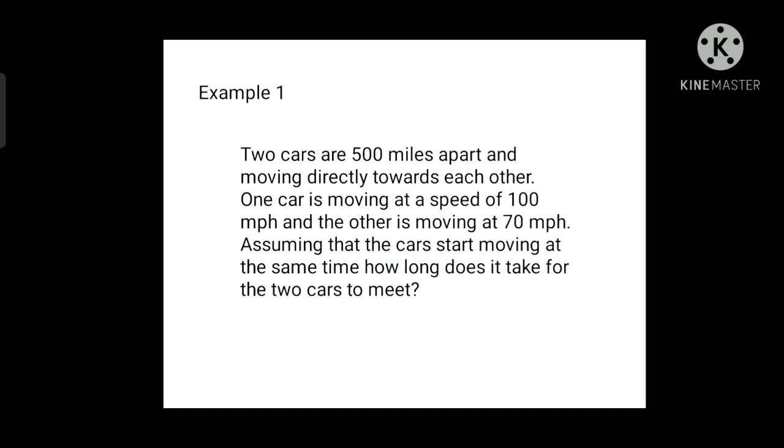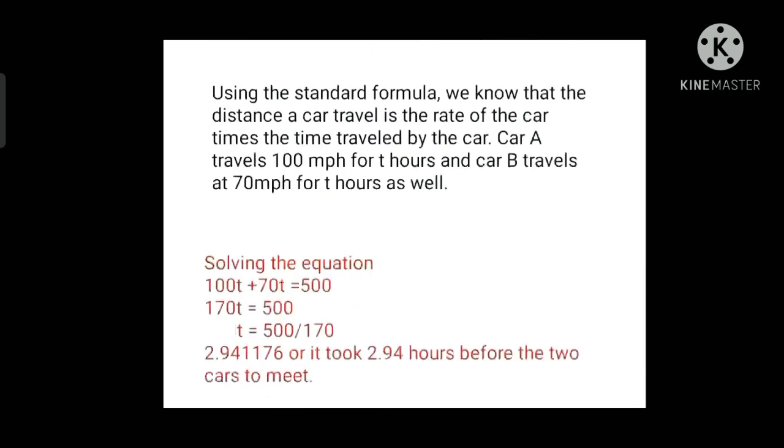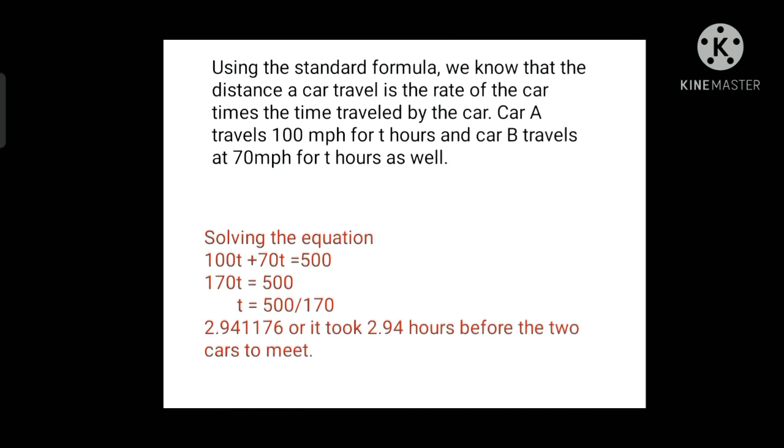To solve this problem, using the standard formula, we know that the distance a car travels is the rate of the car times the time traveled by the car. So car A travels 100 miles per hour for t hours and car B travels at 70 miles per hour as well. Solving the equation, they have the same variable, which is t.